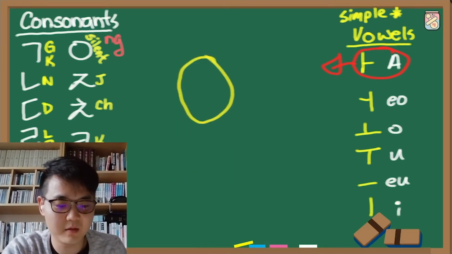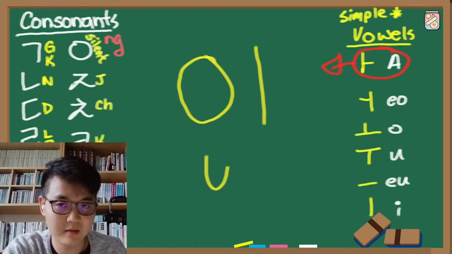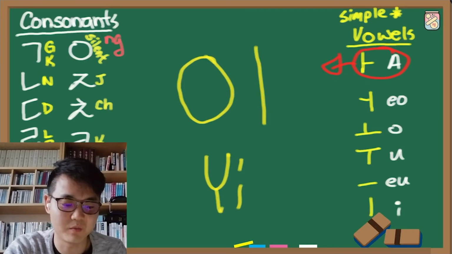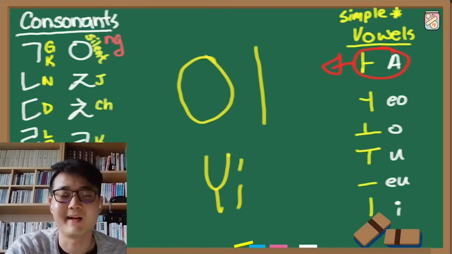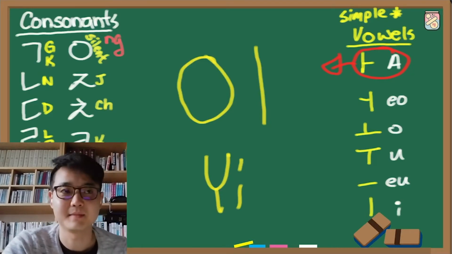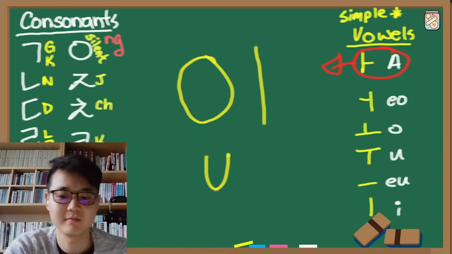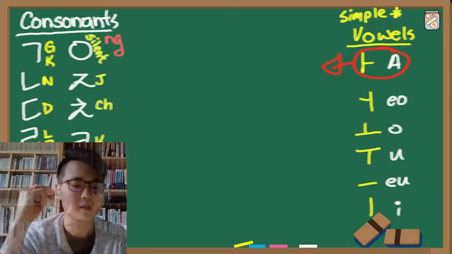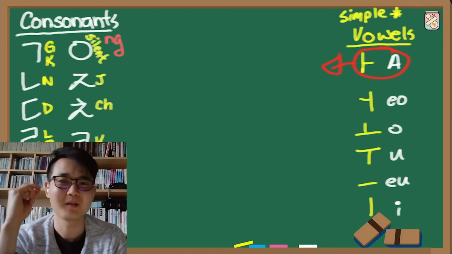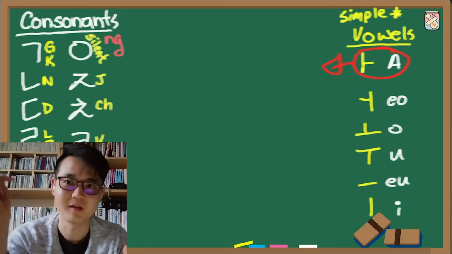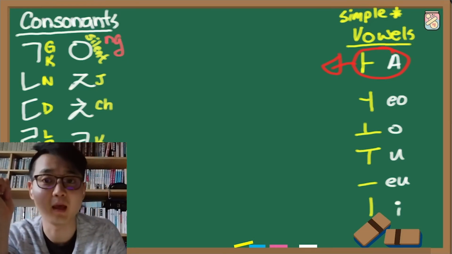And next one is E. E is easier to sound when you put a Y in front of that. E instead of just I. It's not I, it's E. Okay?